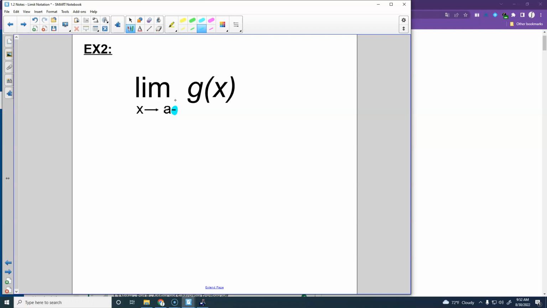It means that the limit is from just the left side. So the way that we say that is the limit of g of x as x approaches A from the left.